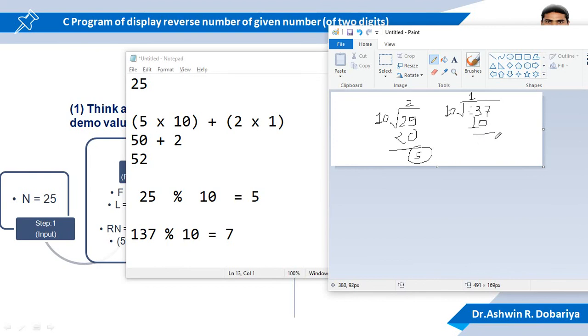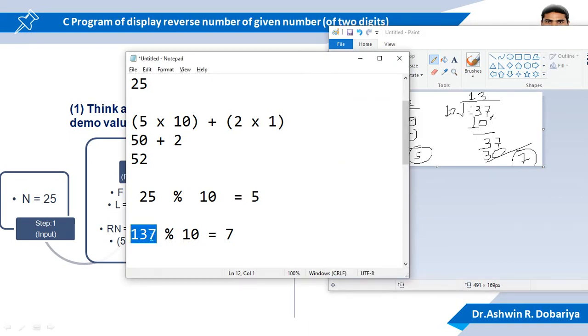Now the three, and we keep the 7 here. Now 10 multiplied by 3 is 30. If you see, the remaining digit is 7, and 7 is the last digit of this number. So this is the general rule.